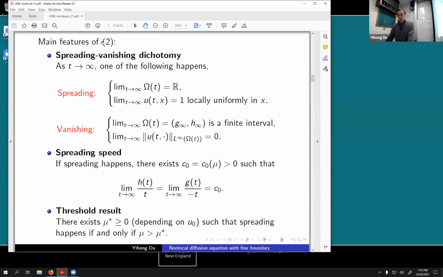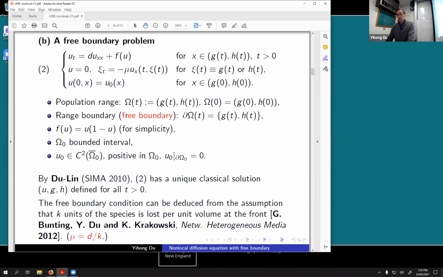Now, what's the property of this modified model? In mathematics, if you don't know the boundary in your equation, the spatial boundary, then to solve these, apart from u, the unknown, this g and h are also unknowns. So these kinds of problems in mathematics are called free boundary problems.